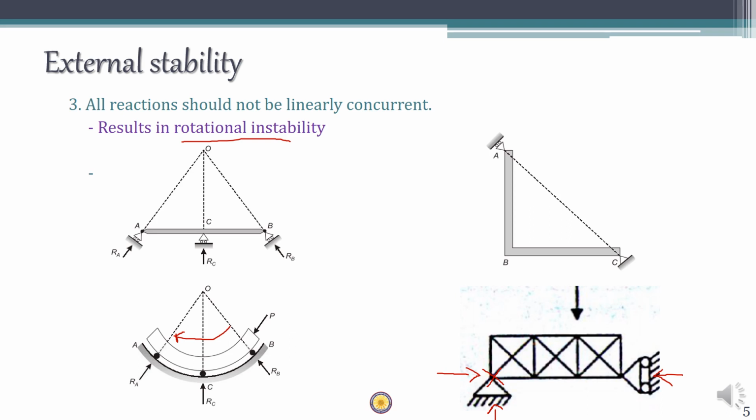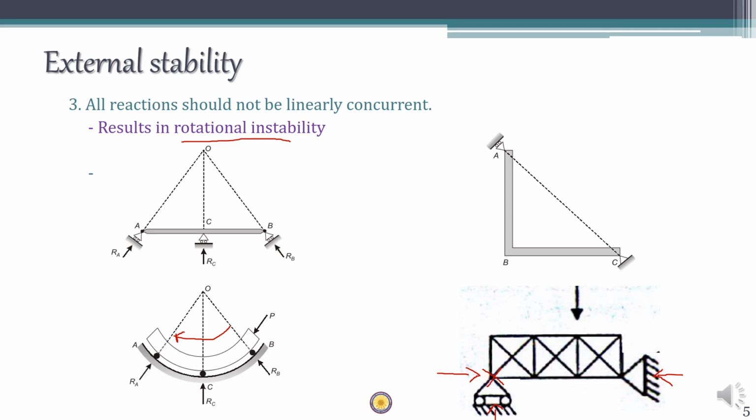However, if you try interchanging the support, now you can see that only one reaction is here, a vertical reaction.